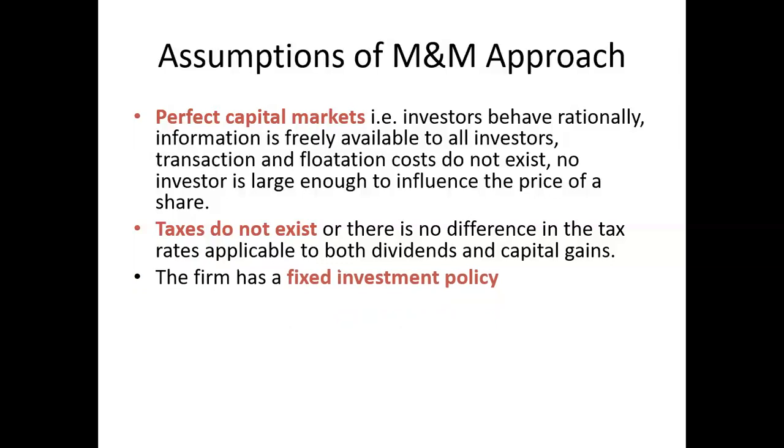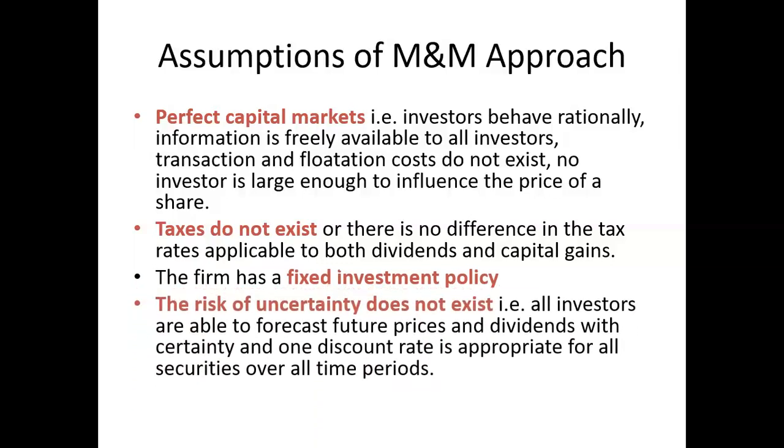What are the main assumptions here? First, perfect capital markets. The firm operates in a market in which all investors are rational and have freely available information, and transaction and flotation costs don't exist. No investor is large enough to influence the price of the share.